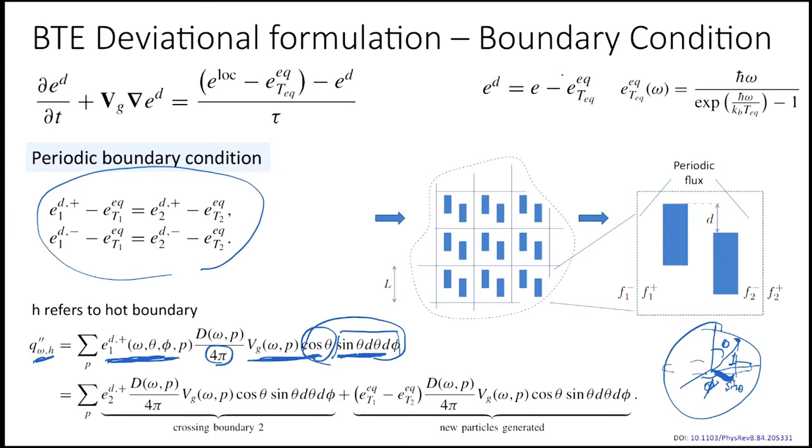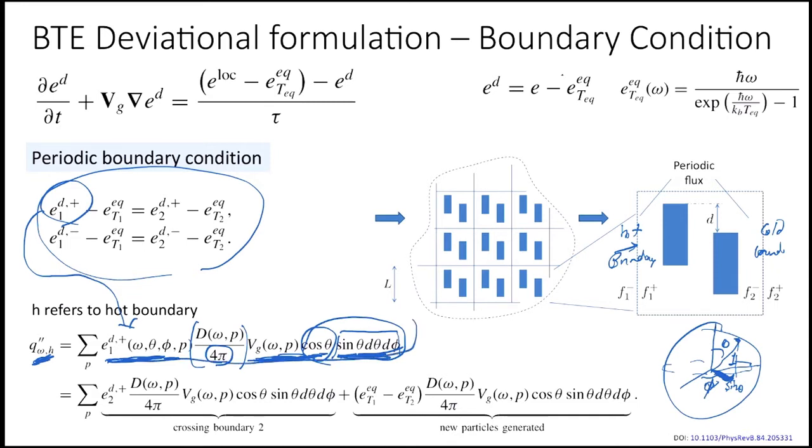So to calculate our flux, let's say the left boundary we are also calling the hot boundary, and this one we would call, let's say, the cold boundary. At the hot boundary, we have taken this term E1D positive, and we have multiplied by d omega by 4 pi Vg cos theta, sin theta, d phi. So basically we have to sum over everything.